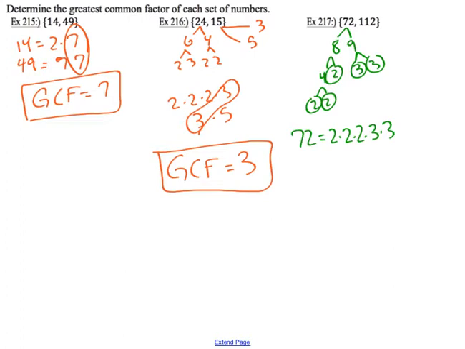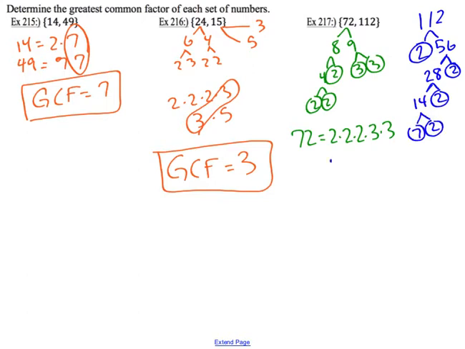Let's see what we can get out of 112. 112 is obviously an even number, so 2 goes into it. 2 goes into it how many times here? 56 times? I know 56 is a multiple of 2 as well. It's 2 times 28. 28 is 2 times 14, and that's 2 times 7.